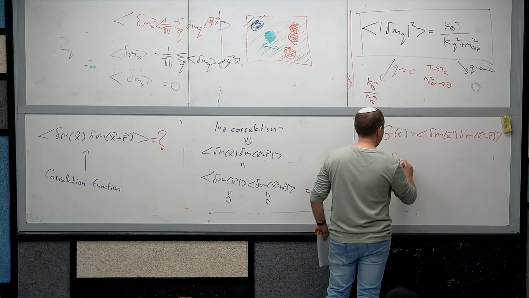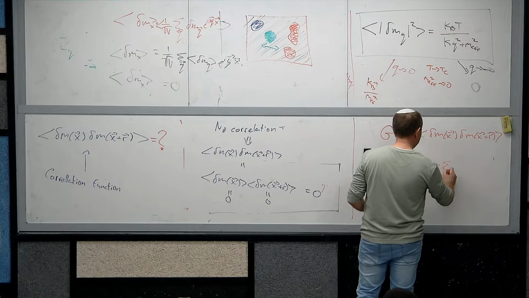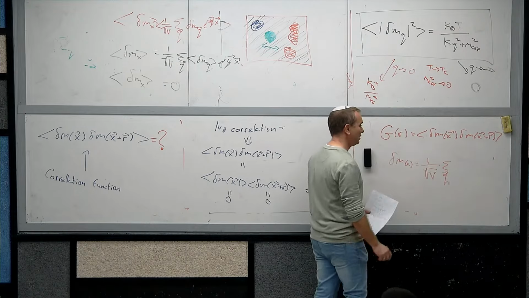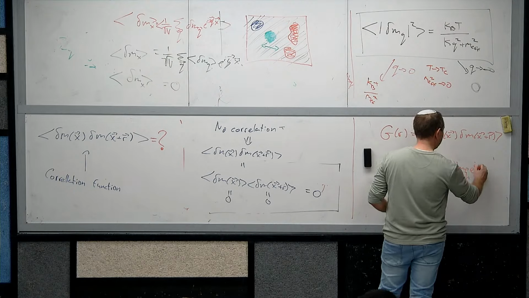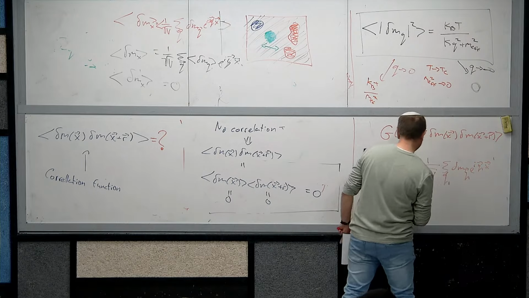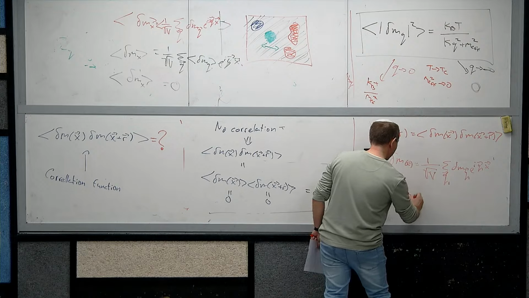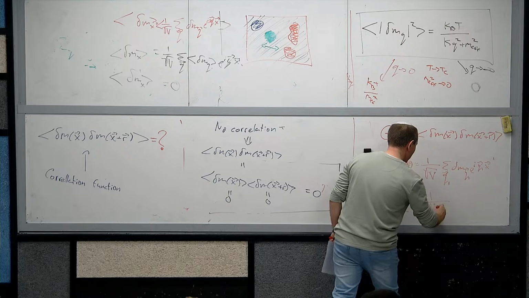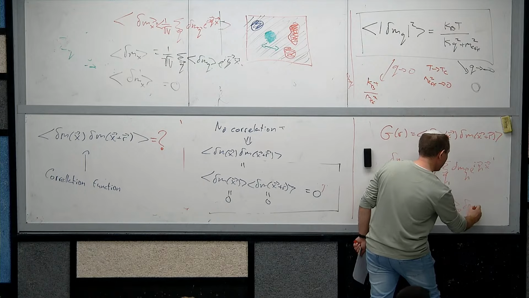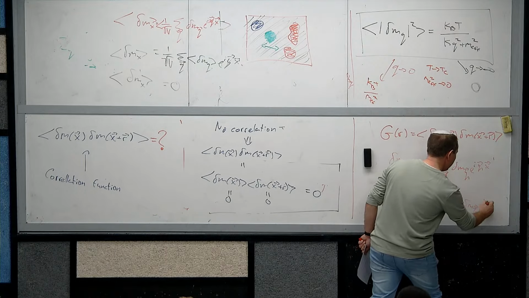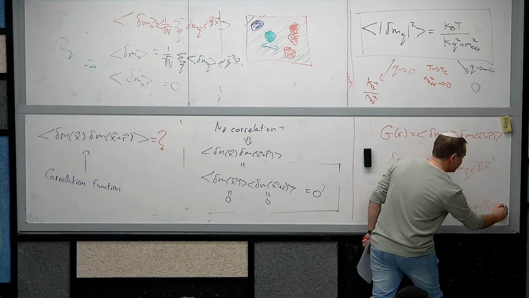Again, delta m of x is 1 over the square root of the volume of the system, a sum over q1 of delta m q1 e^{i q1 x}, and delta m of x plus r equals 1 over square root of V, a sum over q2 of delta m q2 e^{i q2 (x plus r)}, where instead of x we put x plus r.